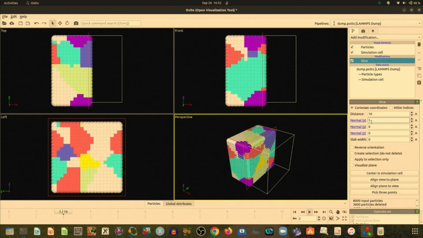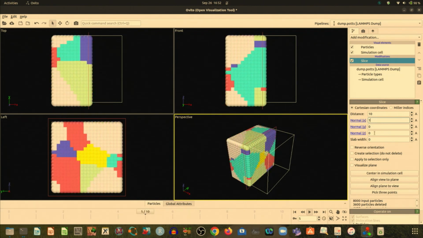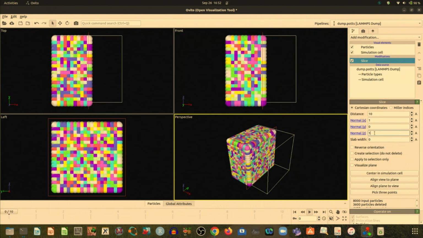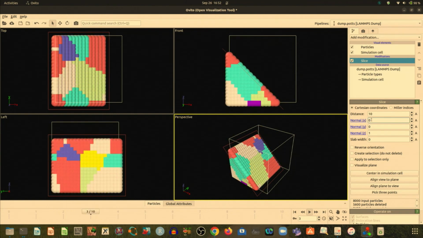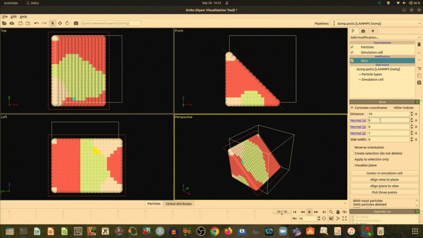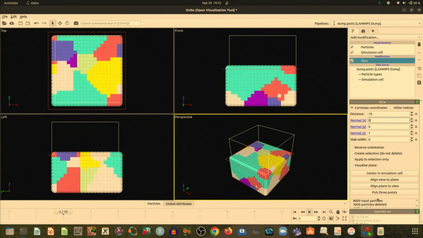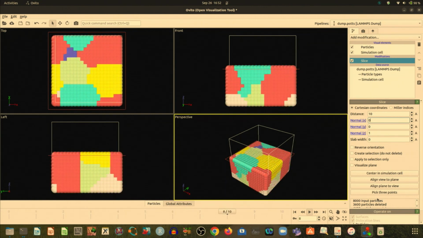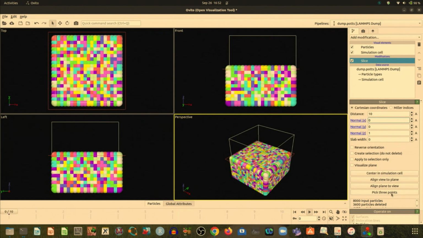Or if I put normal slice along 1 here, 0 here, press return. And you can also cut out a layer if you take the slab width.